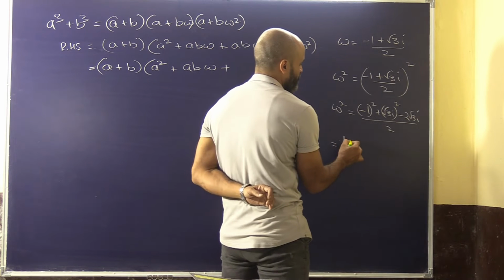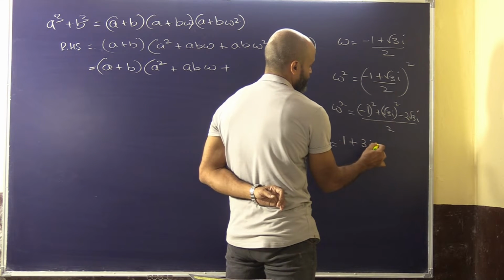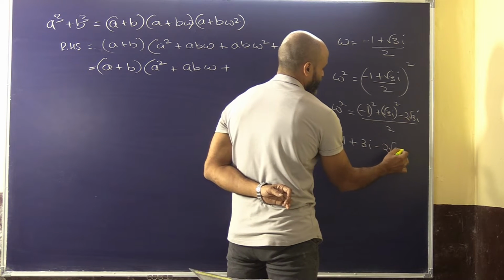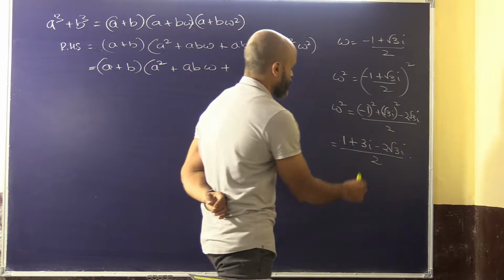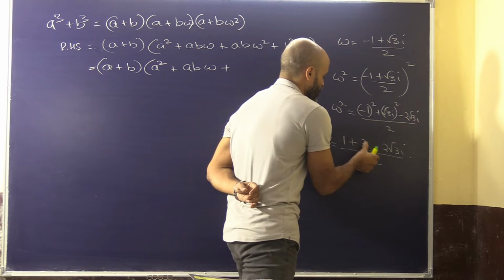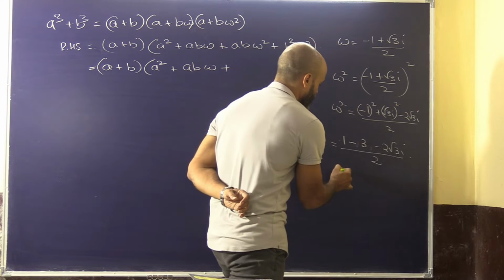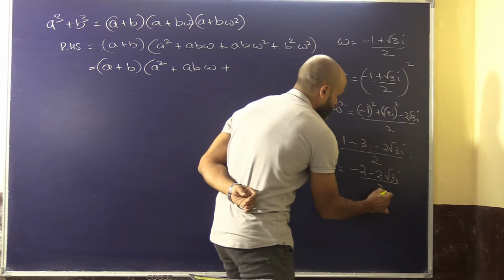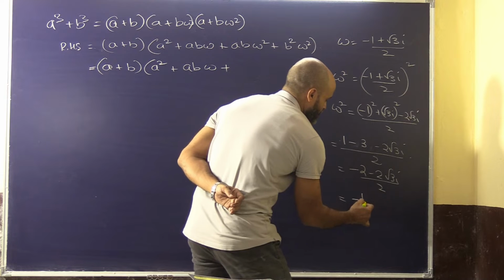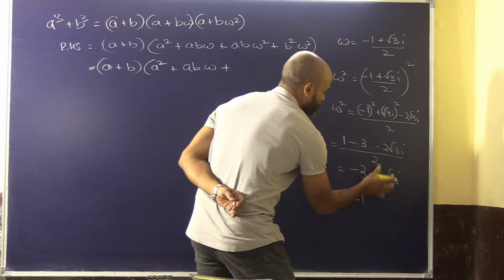So this will be 1 plus 3i square minus 2 under root 3i, by 4. Okay, so this will be minus 3, so this will be obviously minus. So here it will be -2 minus 2 under root 3i, by 4.